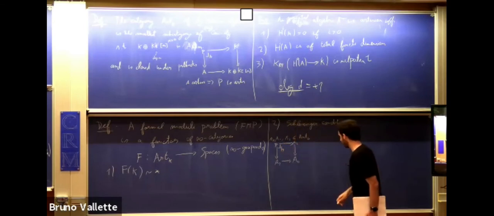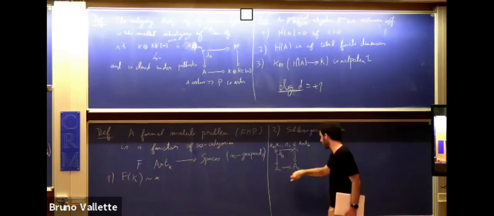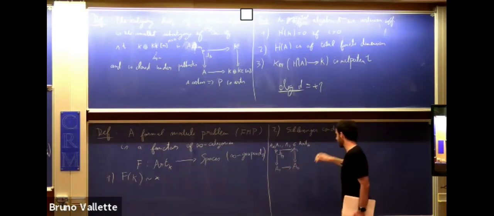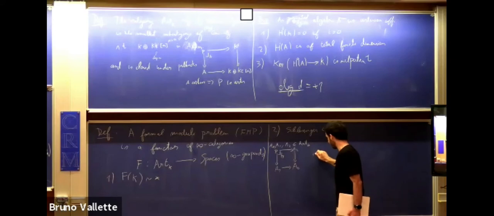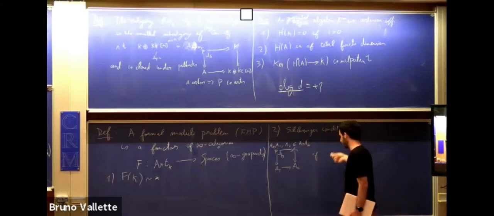Is this still visible? I'll try to write bigger. We take the homotopy pullback of three Artinian algebras, but with just one additional assumption: we require these maps to be surjective in H0.